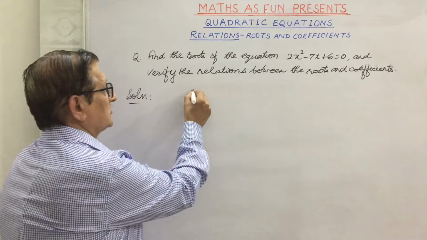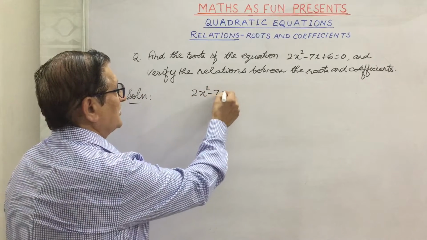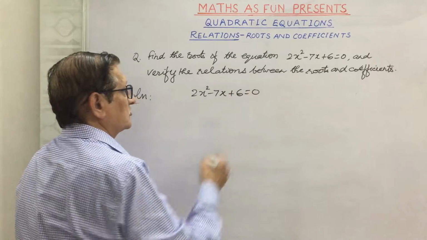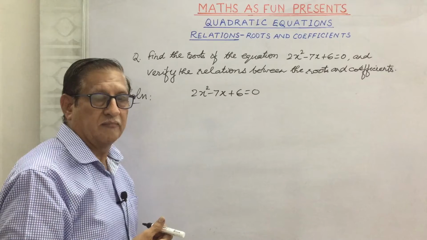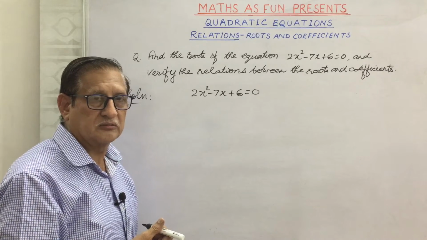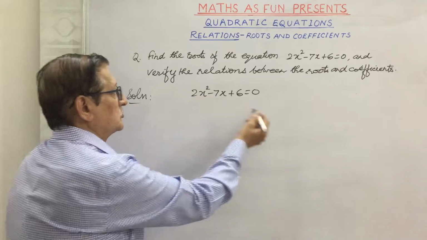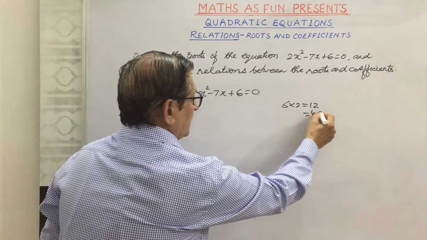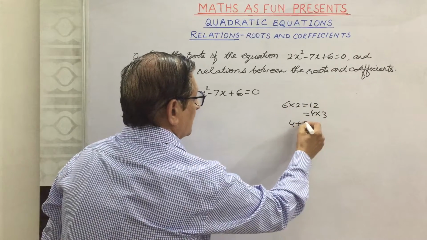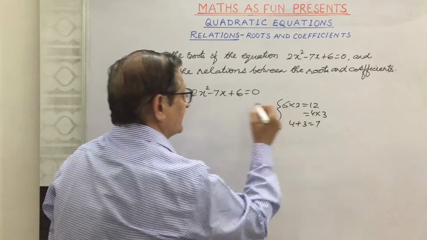We take the equation 2x square minus 7x plus 6 equal to 0, and we can find the roots of this by the factorization method. 6 into 2, that is 12, and 12 is 4 into 3 because 4 plus 3 is equal to 7.